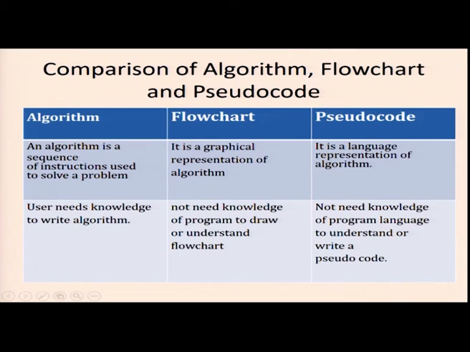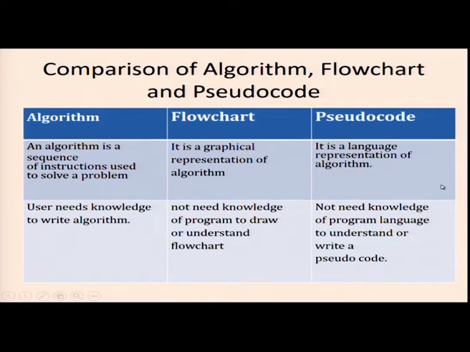The second comparison is that the user needs to have knowledge to write an algorithm. As far as a flowchart is concerned, he does not require prior knowledge of programming to draw or understand it, but he needs to have knowledge in drawing the flowchart; programming knowledge is not mandatory when a user draws a flowchart.